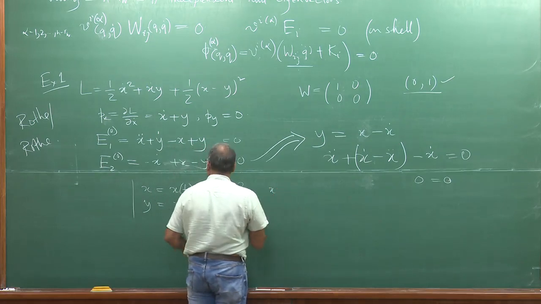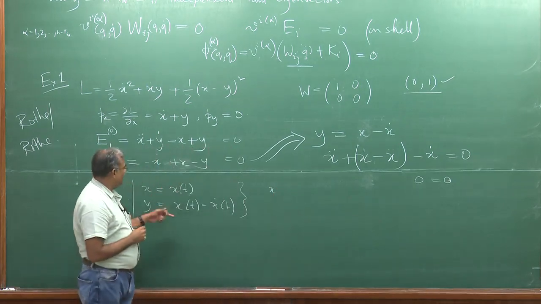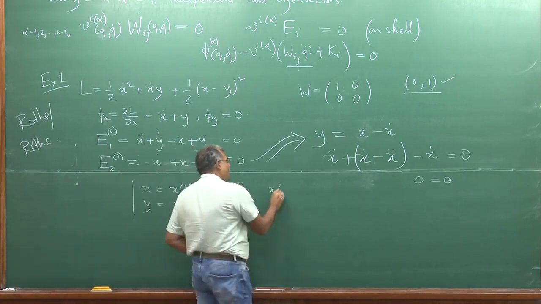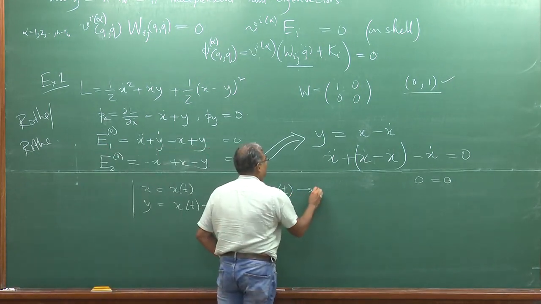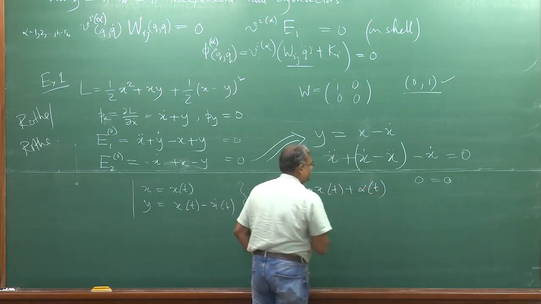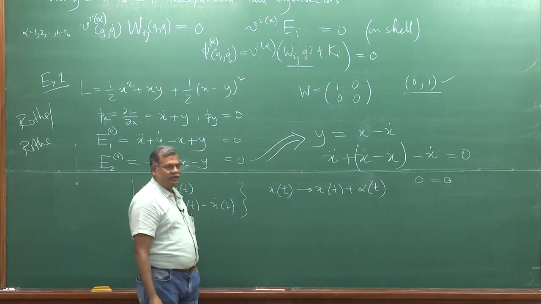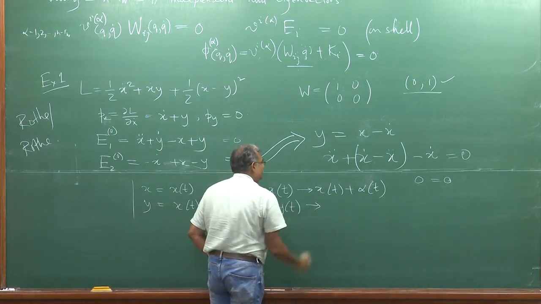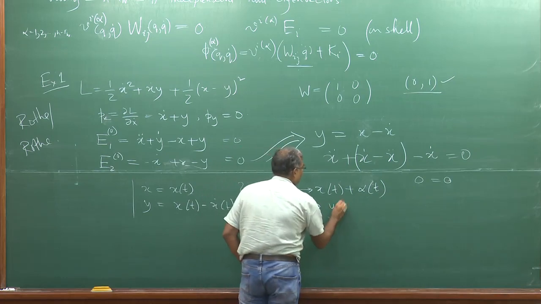Suppose I have a solution, x of t and y of t. And then because I know that I can change the x of t, let's say I change it to this. And at the same time, I change y to this.